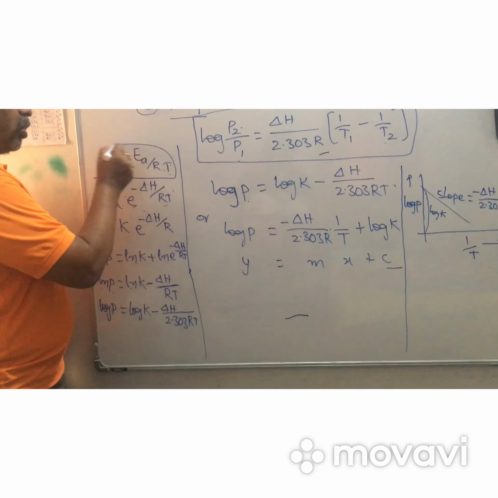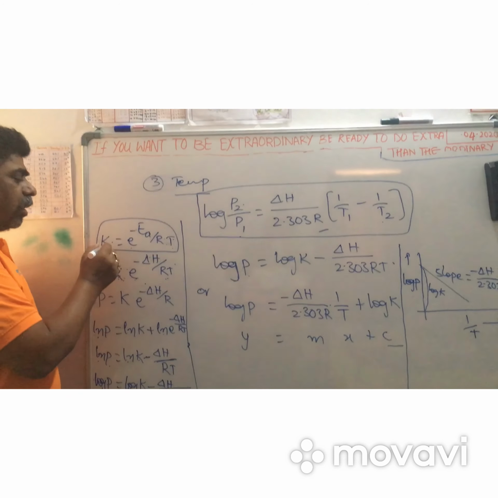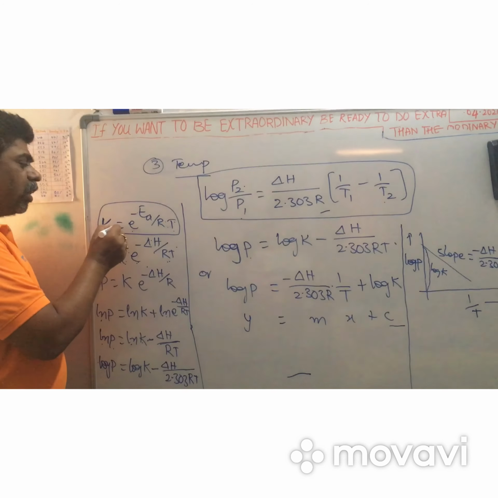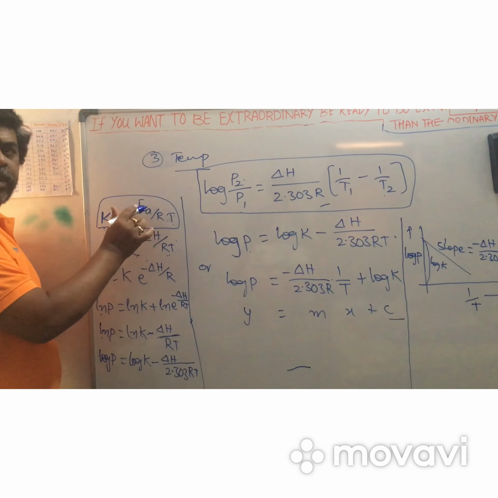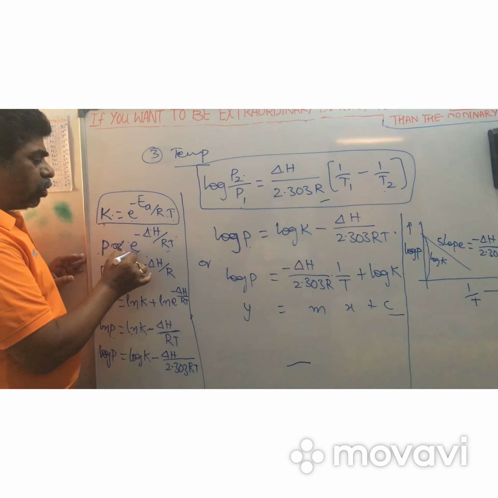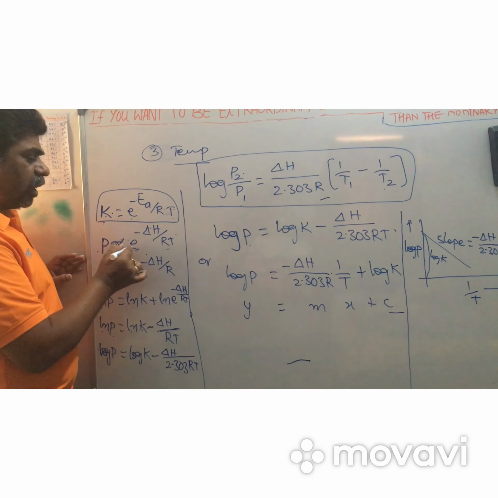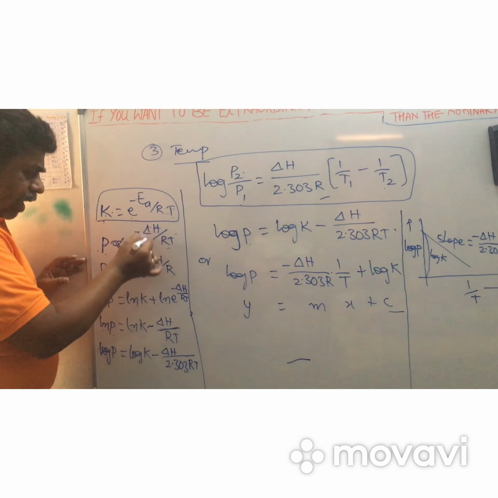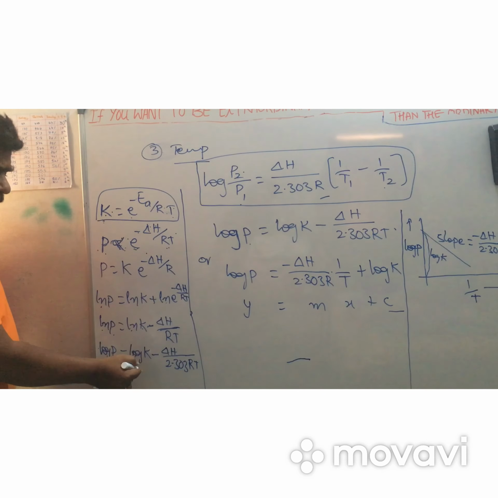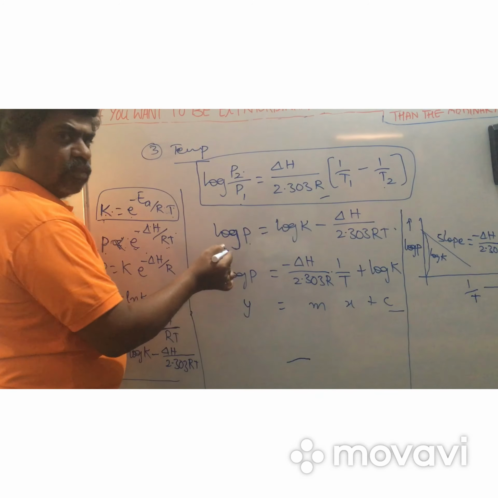According to chemical kinetics theory, K equals e to the power of minus Ea by RT. Similarly, instead of the rate constant, vapor pressure is taken: P is directly proportional to e to the power of minus delta H by RT. Simplify and apply logarithms on both sides, and we get this equation.